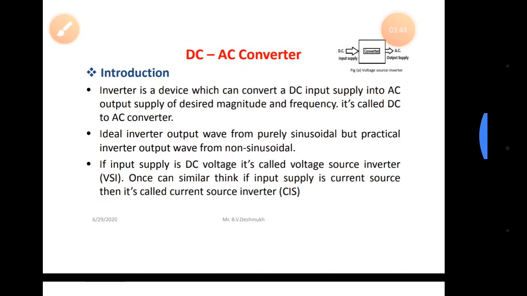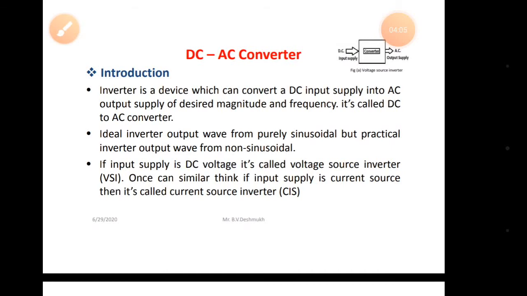If the input supply is a DC voltage, it's called a voltage source inverter, that is VSI. Similarly, if the input supply is a current source, then it's called a current source inverter.